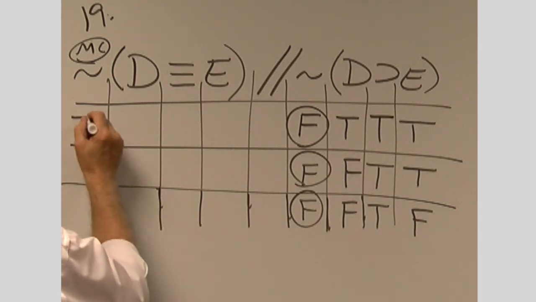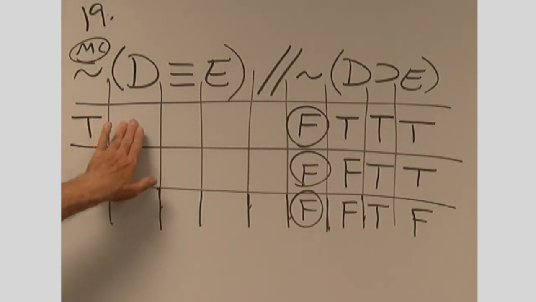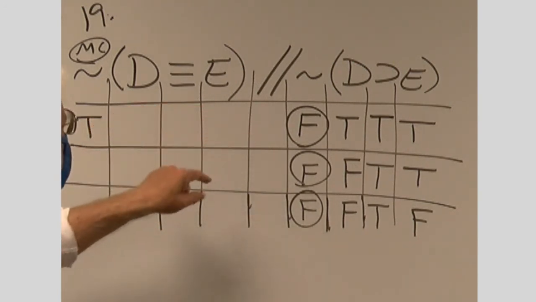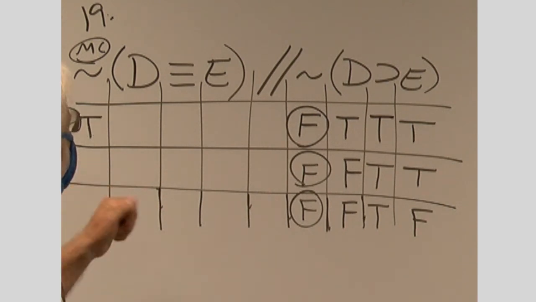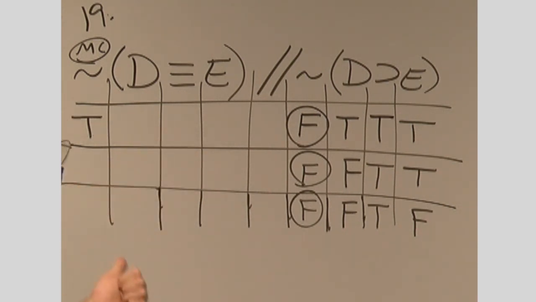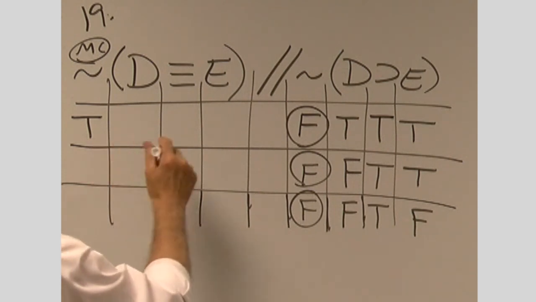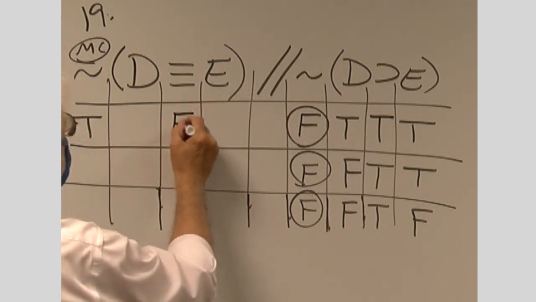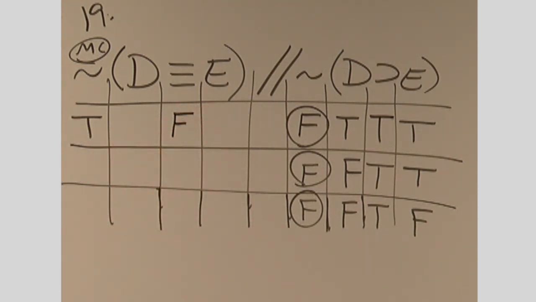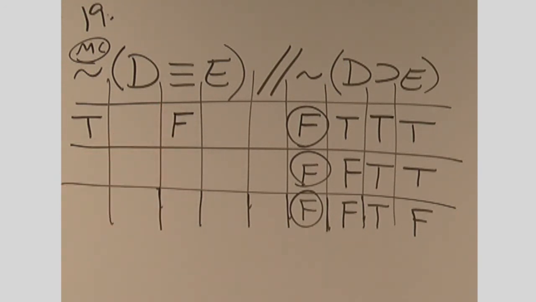So we want to set that to be true and not forget about it. Here already we could start by filling in the D and going to the right, or filling in the E and going to the left, or filling in the triple bar and going both ways. It doesn't matter. But since we have already assigned the tilde to be true, it would be most efficient, I think, to say I need to remember that the triple bar has to be false, and put an F in there.